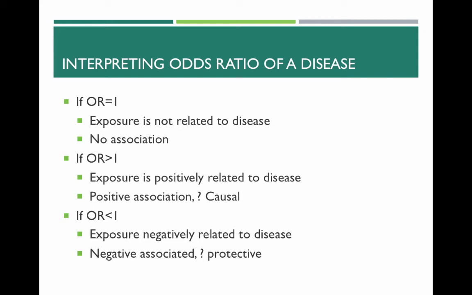If the odds ratio is 1, the exposure is not related to disease. If the odds ratio is greater than 1, the exposure is positively related to disease. All we can say is there's a positive association, but we can't say anything about the exposure causing disease. If the odds ratio is less than 1, the exposure is negatively related to the disease, and we can say that there's a protective association.